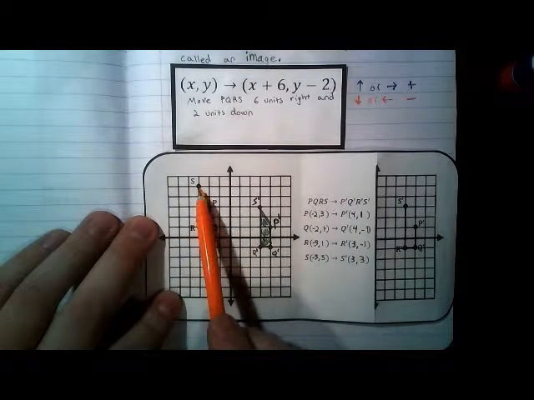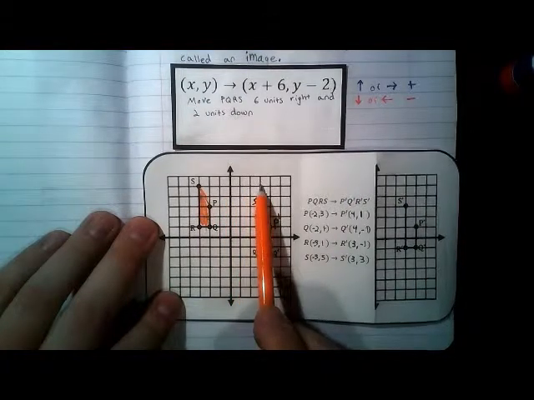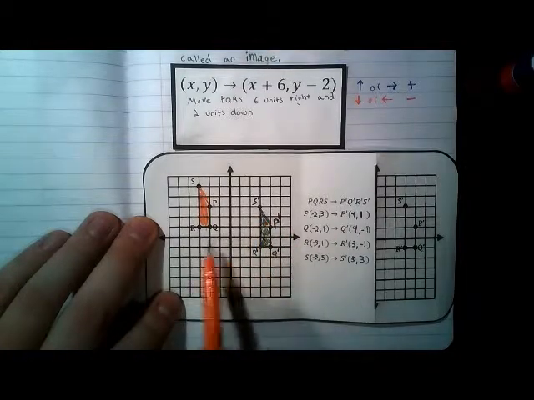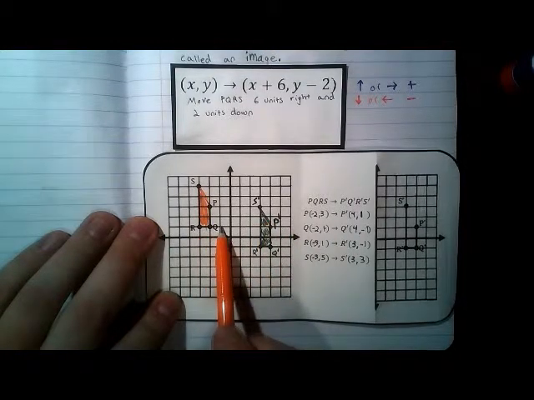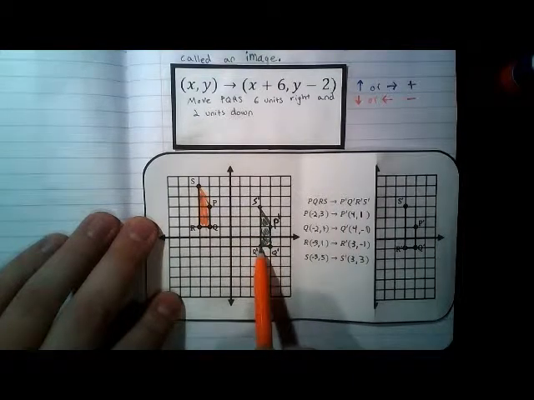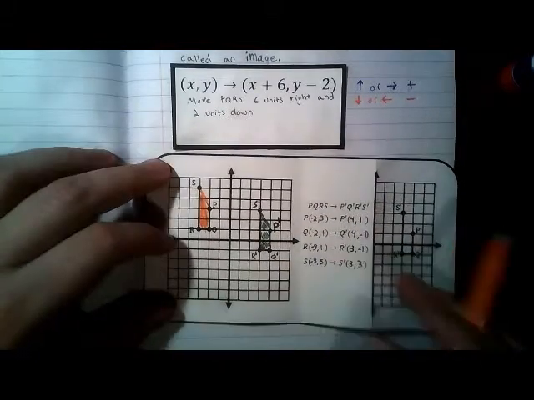So let's check S. 1, 2, 3, 4, 5, 6. So 6 to the right, and down 2. R, right? 1, 2, 3, 4, 5, 6, and down 2. So there you go. Every single point is moved the same direction, the same distance.